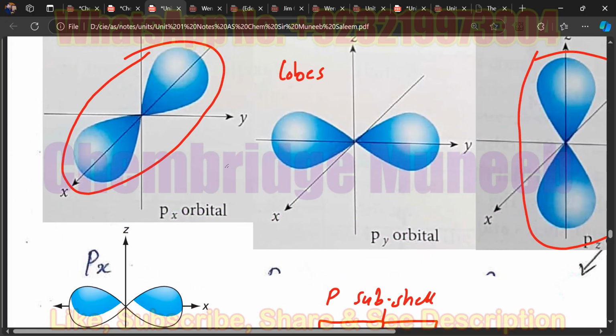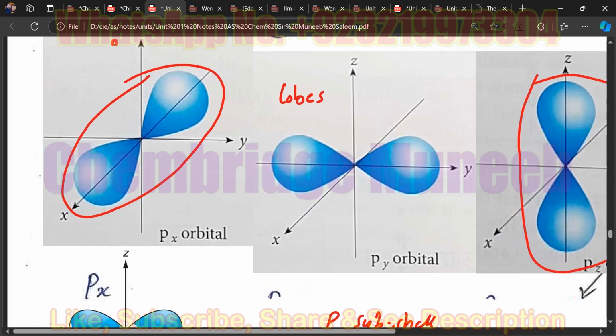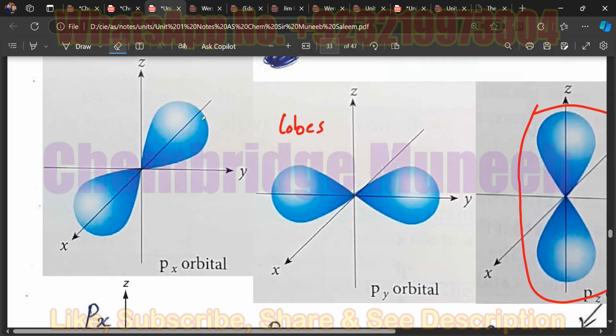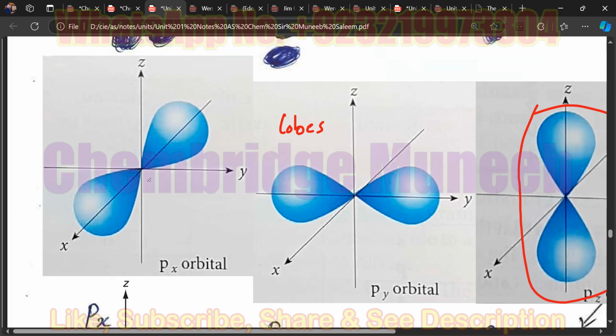Their orientations are according to the x, y and z axes. You can see that there are 3 axes drawn here. If the name of the orbital is px, then it will be oriented on the x-axis. So you can see that both lobes of the px orbital are drawn on the x-axis.